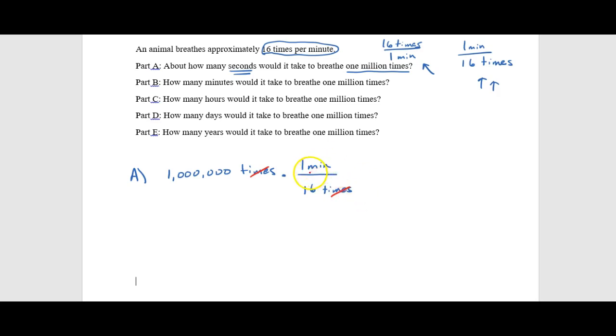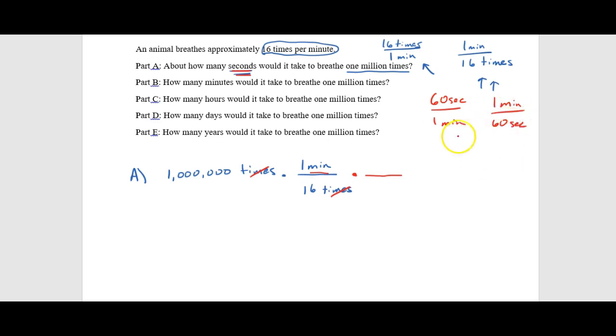Now the unit that I have left right now is minutes, but I don't want minutes. I want seconds. So I need to think about my relationship between minutes and seconds. There are 60 seconds in 1 minute, or I could say that 1 minute has 60 seconds.